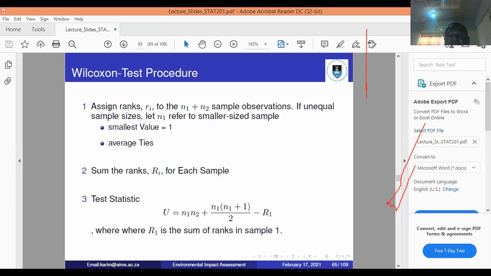So once we are able to assign the ranks, we need to find the sum of the ranks for each of the samples. So, rank for sample 1 and rank for sample 2.